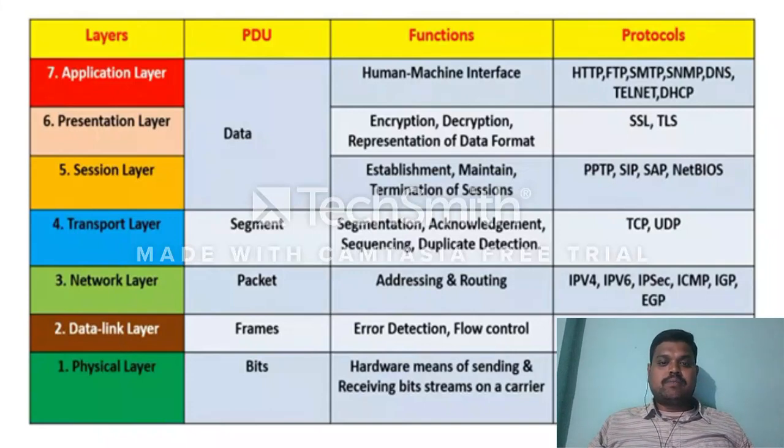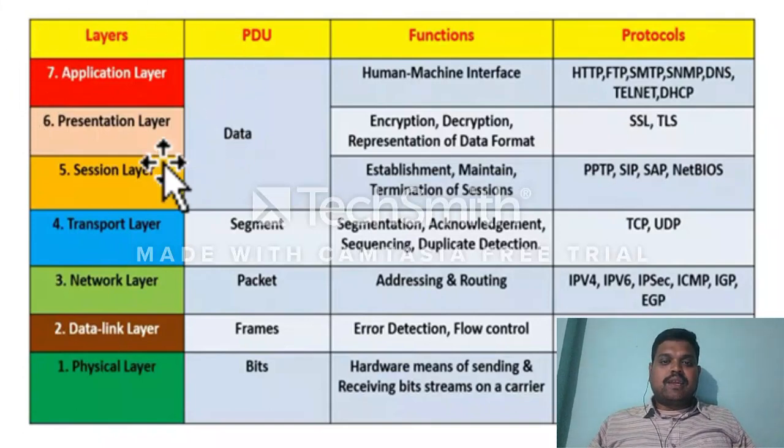See, we have discussed the 7 layers of the OSI reference model. The top 3 layers, that is application layer, presentation layer and session layer, will be implemented as a part of operating systems or software, right?